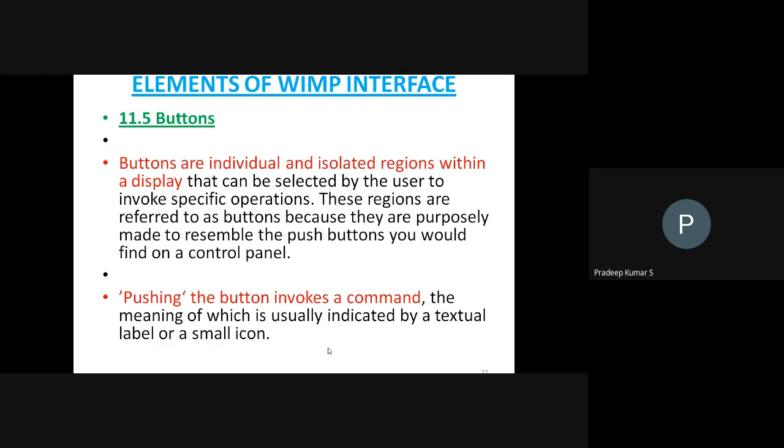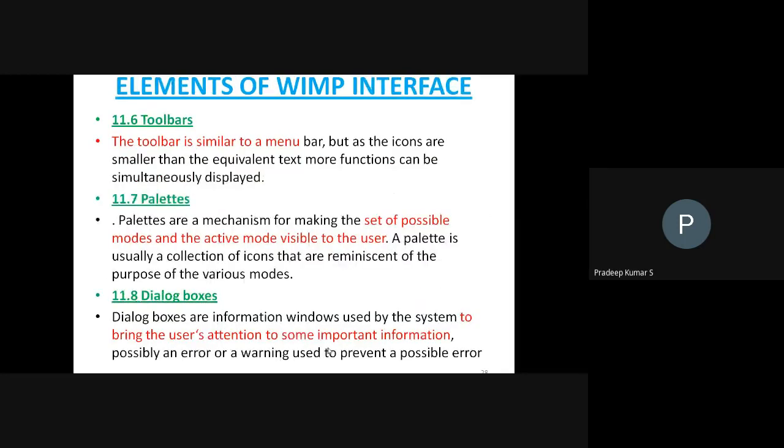I can design the control panel. Some more elements I can say: the toolbar, that is an additional bar. Because some important bars only we place in the menu, instead some additional bars are also there, similar to the menu items. That I can refer to as the toolbar, palette, a set of possible modes and the active mode that are visible to the user. Dialog box is a select message box.